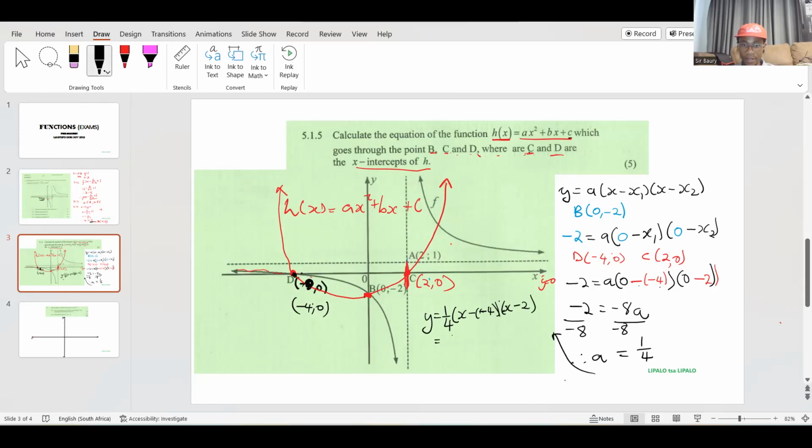So we have a quarter into x plus 4, x minus 2. This is just general algebra here. So you know it's going to have x squared plus 2x minus 8. Then a quarter x squared plus 1 over 2x minus 2. That's your final answer. That's the h of x.